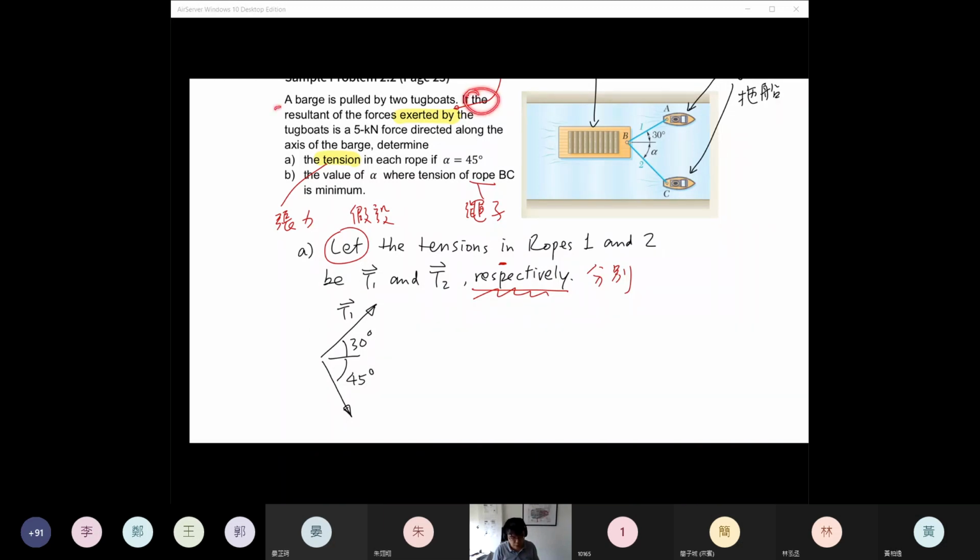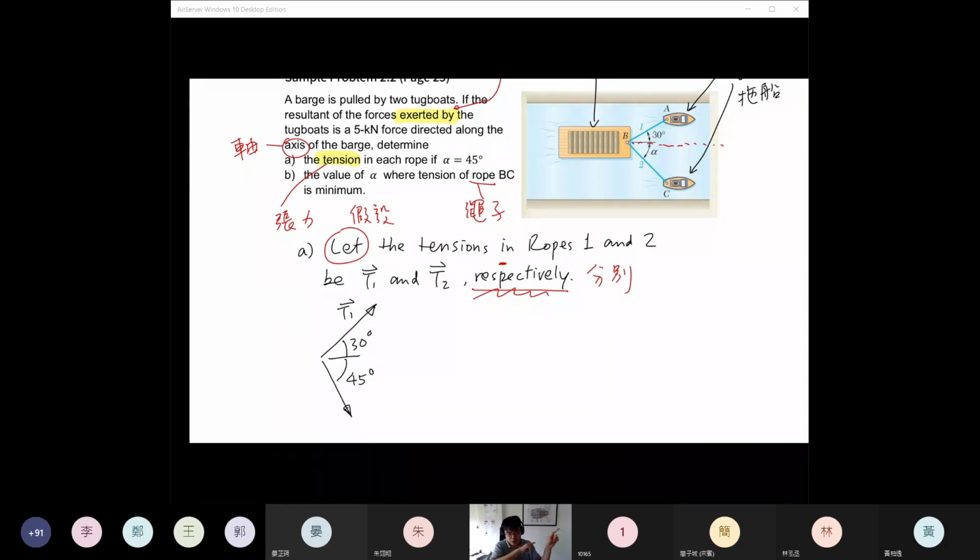The resultant of the forces is a 5 kN force directed along the axis. So the axis of the barge. The axis is this one, of course, because it is moving along this direction, moving to the right.